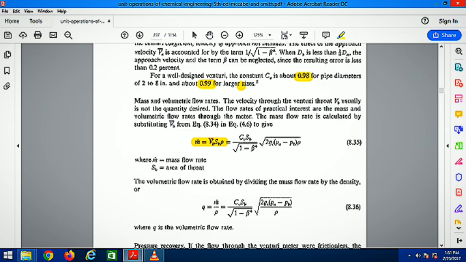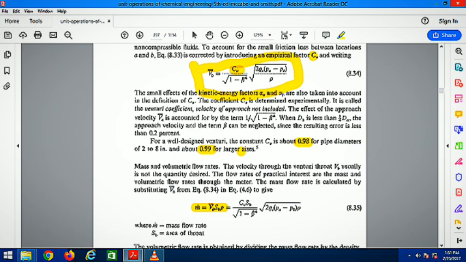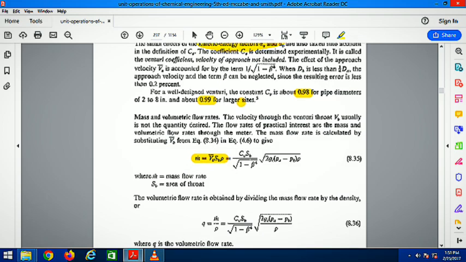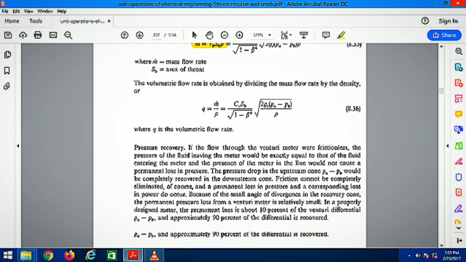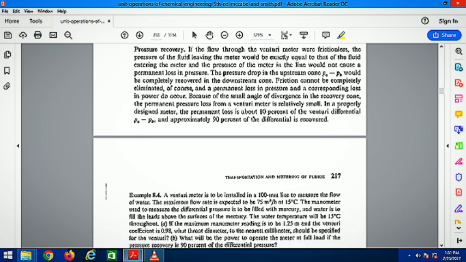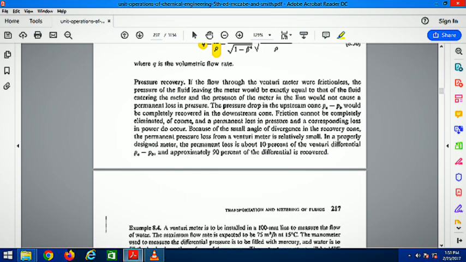The mass flow rate, the same thing, rho S into V bar. So V bar B we have got from equation 8.34, and we use it to calculate the mass flow rate, and volumetric flow is the same as mass flow rate upon rho.